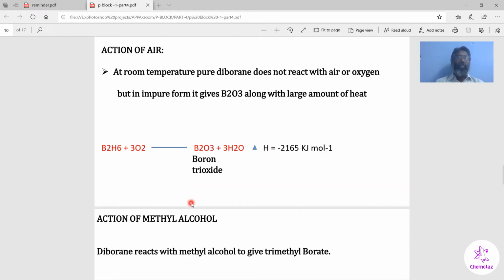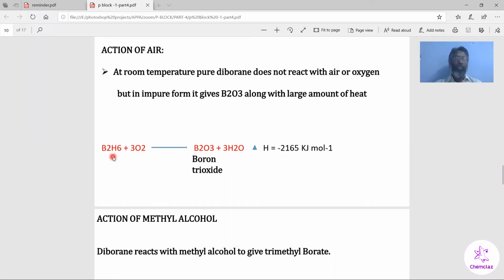The next one is action of air. In the pure form, there is no reaction at room temperature. If you take pure diborane at room temperature, there is no burning reaction. If you want to carry out a burning reaction, the diborane must contain impurities. Then only the combustion reaction takes place.